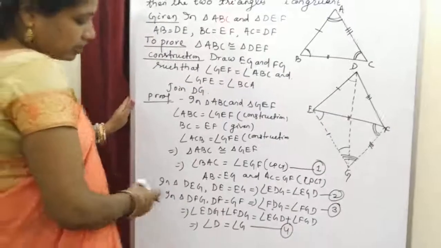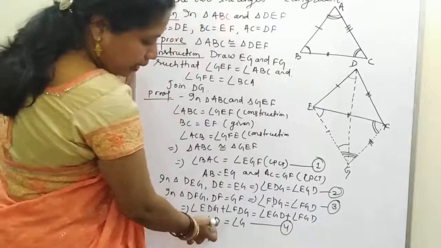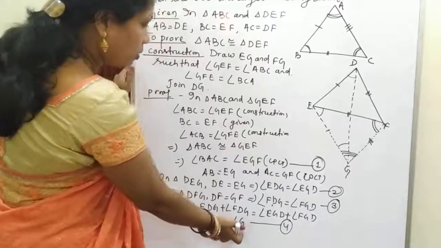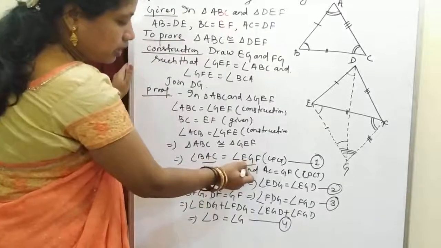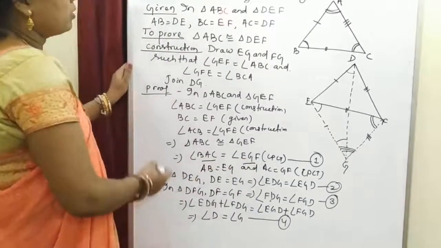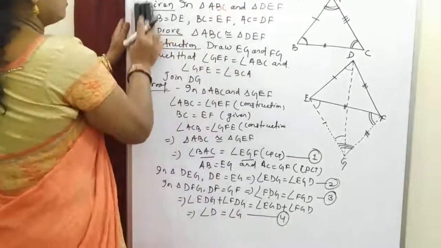Here it is given, and we have proved, that angle D is equal to angle G. But previously we have proved angle BAC is equal to angle EGF.